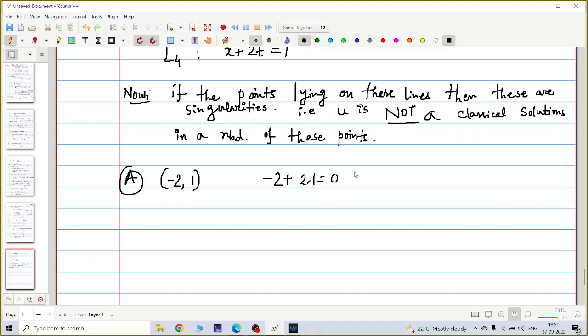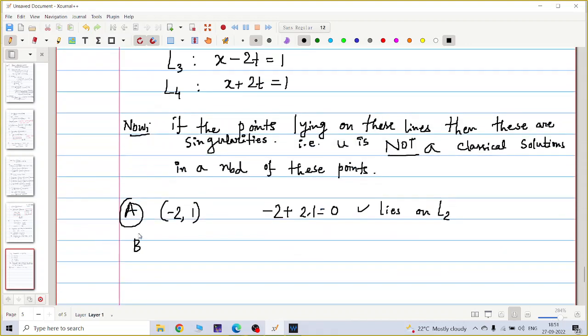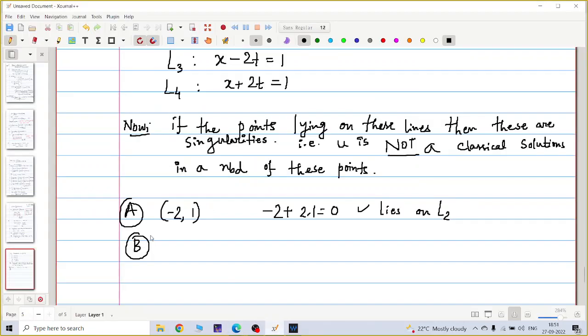So that means it lies on L2. L2 is x plus 2t equal to 0. Option B is minus 5 comma 3. So minus 5 plus 2 into 3 equals 1. So that means it lies on L4, right?